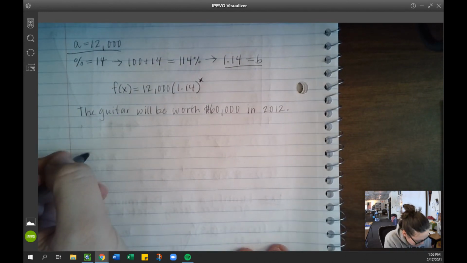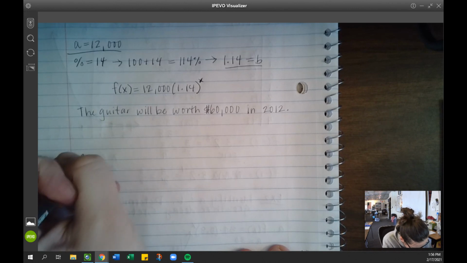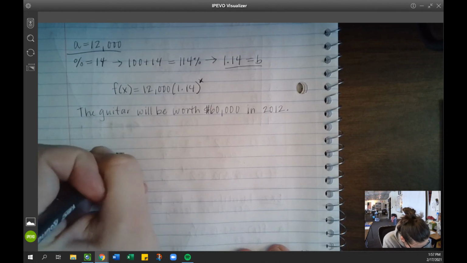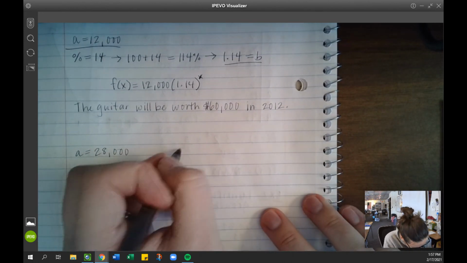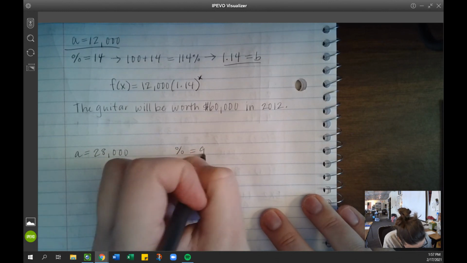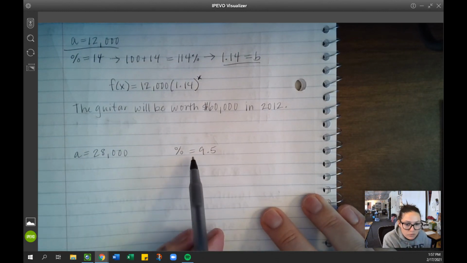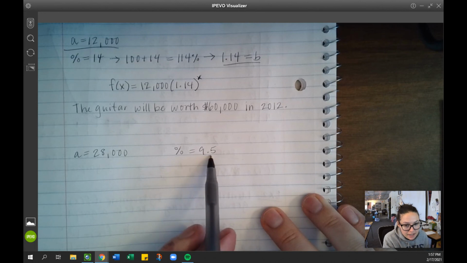In this case, we are starting with a truck that's worth $28,000, so I know that's my A value. Now to find the B value, we look at the percent. The percent is 9.5, and since we're decreasing, this is going to be exponential decay.